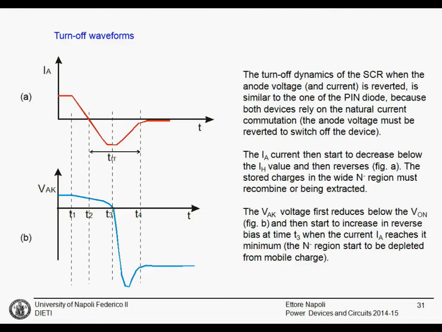And here the carriers are extracted from the drift region and P-base region. At a certain point, the carriers will be almost gone. The junction will start being reverse biased. And only at this point, the anode to cathode voltage starts to decrease, becomes negative, and we go in the reverse blocking condition.